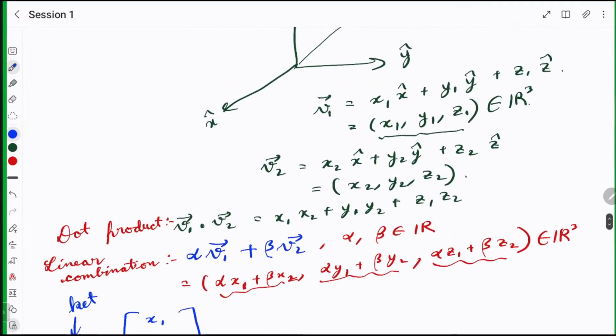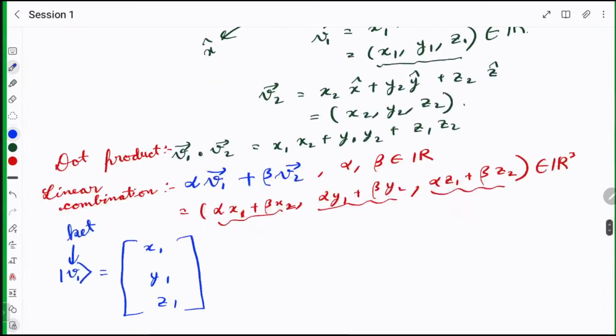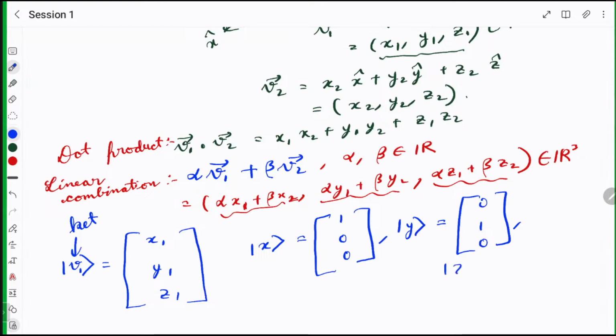So ket v1 is x1, y1, z1. So notice that it's the same thing. So instead of v1 vector, I'm just using a different notation, if you will. Now here we will denote the unit vectors also by kets. For example, x hat, now we will just denote by x, and that would be like 1, 0, 0. y would be like 0, 1, 0, and z would be like 0, 0, 1.